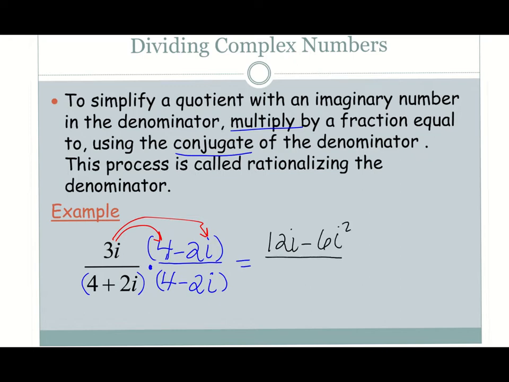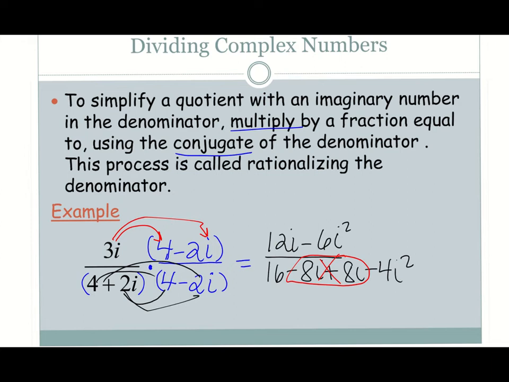In my denominator, I have 4 times 4, 16, 4 times negative 2i, negative 8i, 2i times 4, positive 8i, and 2i times negative 2i, which is going to give me negative 4i squared. Now I can see that my two middle terms cancel my i's, which is our goal.